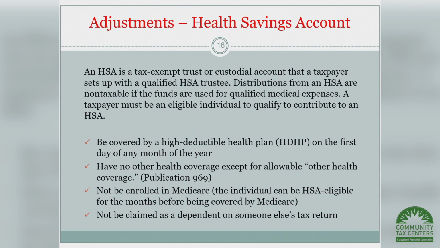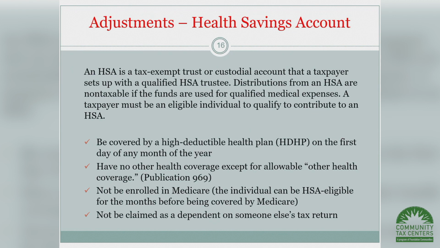A taxpayer must be an eligible individual to qualify to contribute to an HSA. And these are some of the criteria. Be covered by a high deductible health plan on the first day of any month of the year. Have no other health coverage, with exceptions for allowable other health coverage. Not be enrolled in Medicare. Not be claimed as a dependent on someone else's tax return.